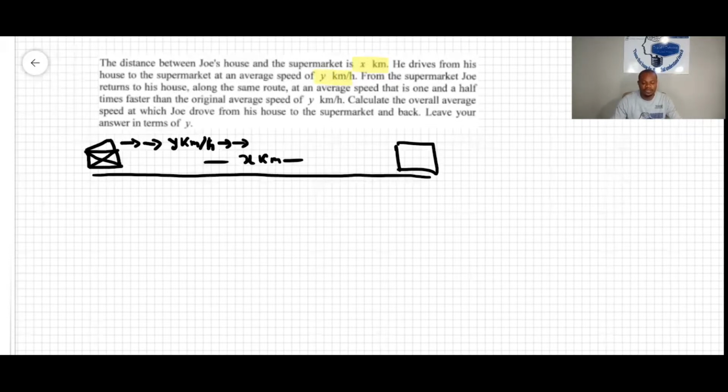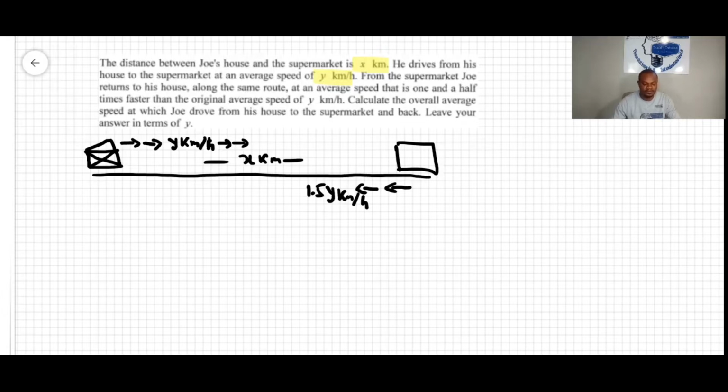Now the question also said, from the supermarket, Joe returned to his house along the same route at an average speed that is 1.5 times faster than the original speed of Y. So from the supermarket to his house, 1.5 times faster, so 1.5 Y kilometers per hour.